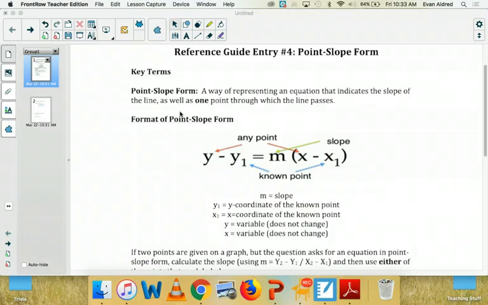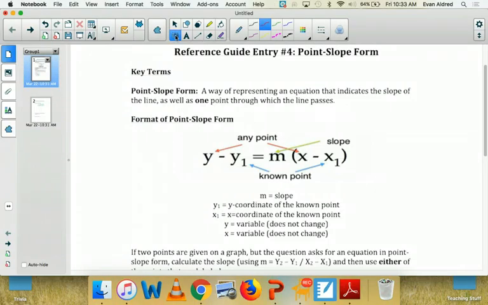It's point-slope form. You'll notice the format of point-slope form is listed here. The equation goes y minus y1 equals m, and then in brackets x minus x1. Let's start with the one that will be straightforward because it's the same as it always has been, which is m.